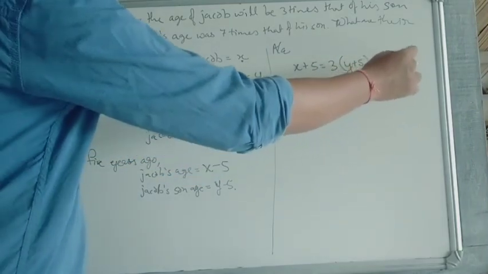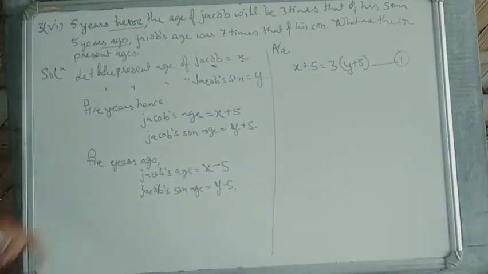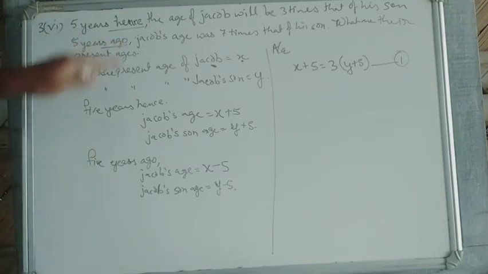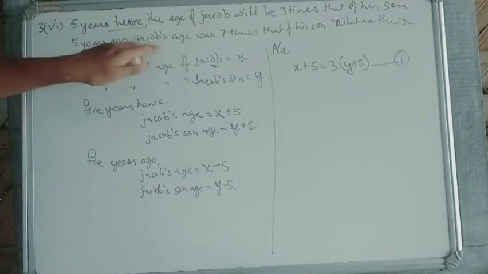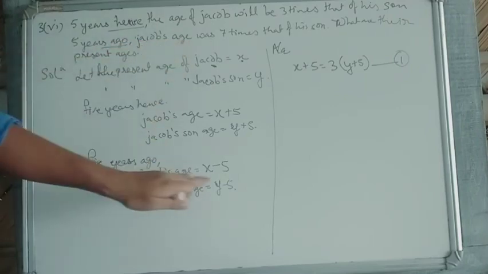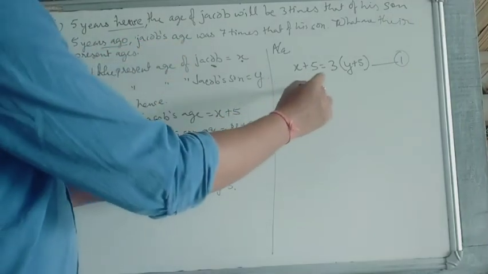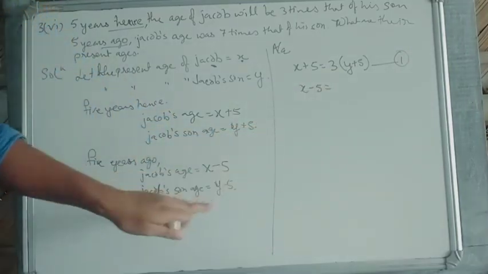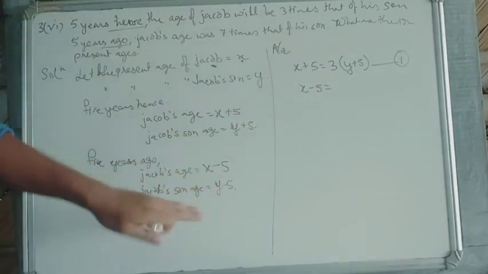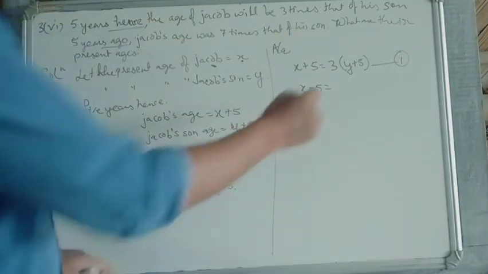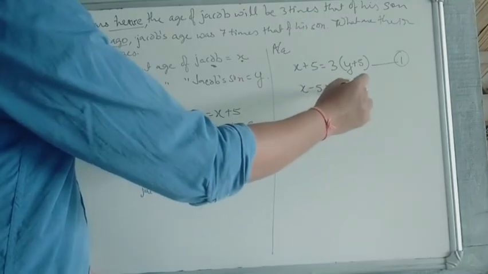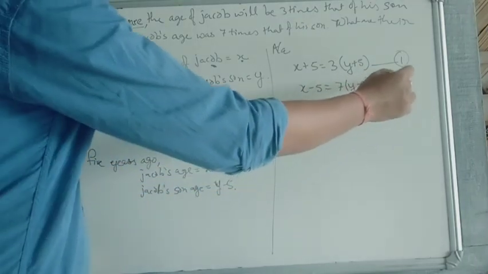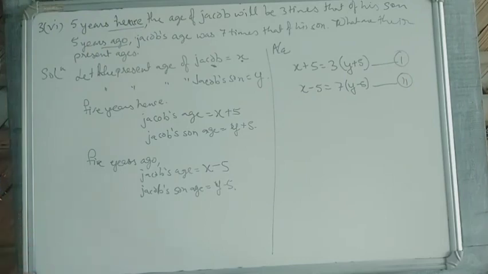This is your equation number 1. And equation number 2 will be 5 years ago, that means these two. Jacob's age, x minus 5, will be equal to 7 times his son's, so 7 times of the son. This is your equation number 2.